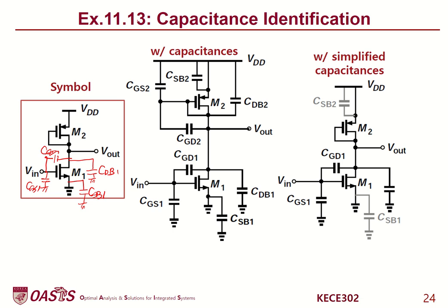So we have 4 parasitics for M1 and also 4 parasitics for M4. So we can come up with this result.